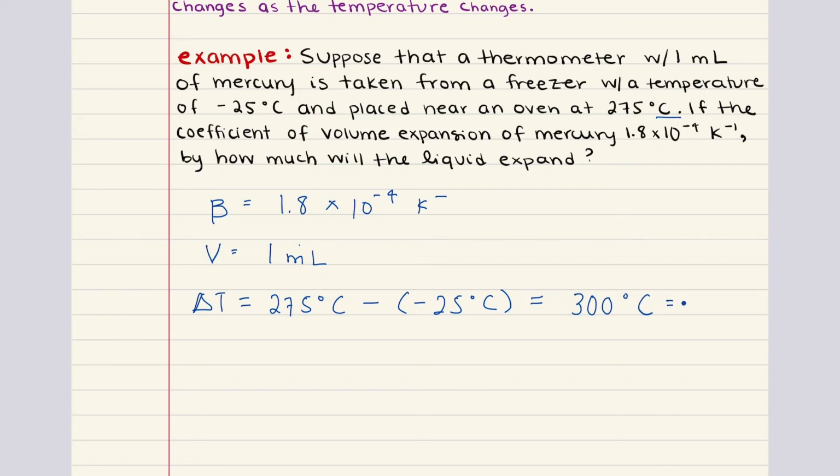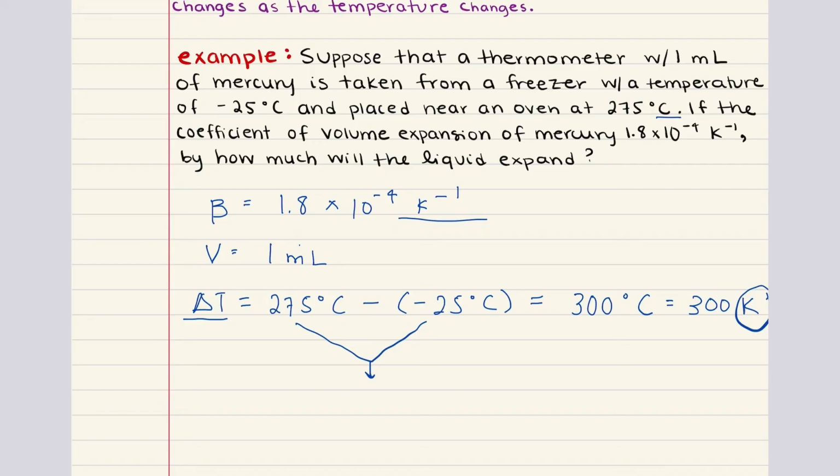This is also equivalent to 300 Kelvin. We don't need to convert our Celsius to calculate the change in temperature and have it in units of Kelvin. The reason we want it in units of Kelvin to begin with is because the units for the coefficient of volumetric expansion are inverse Kelvin, and we want those units to properly cancel out.